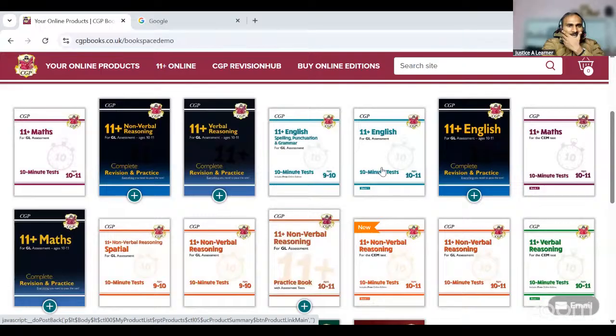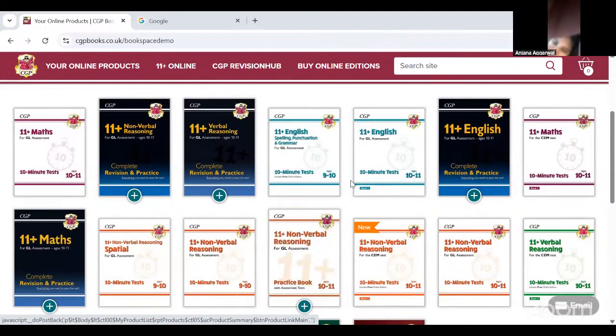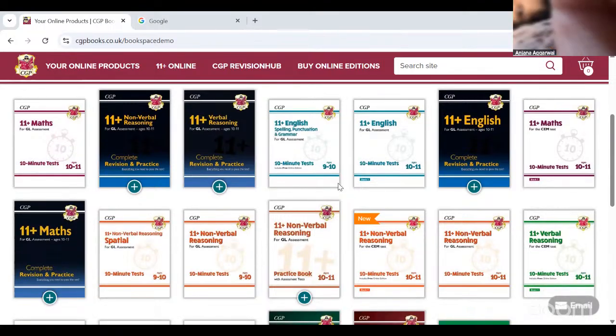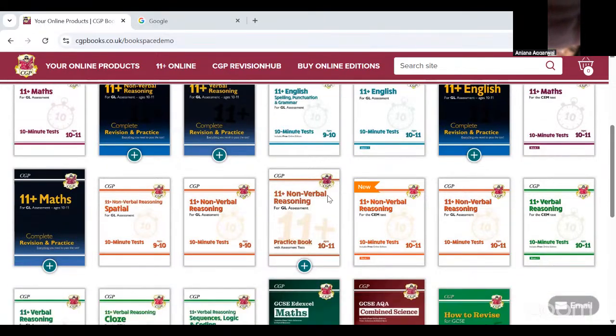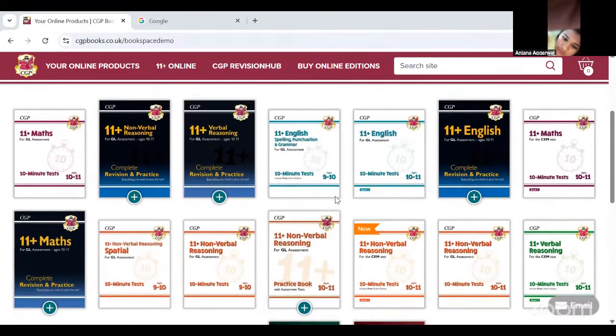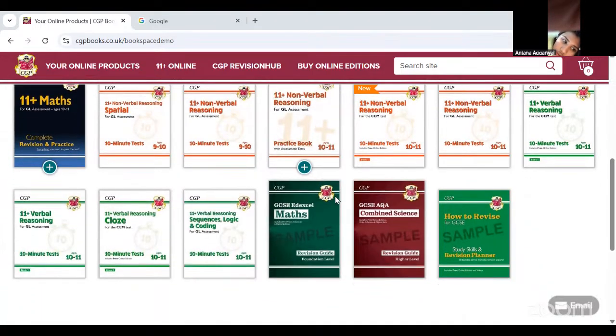So for homework, which subject should we pick? Verbal. Which book? Second row, last one. No, wait, can you go down? So the first one of the last row. Yes.